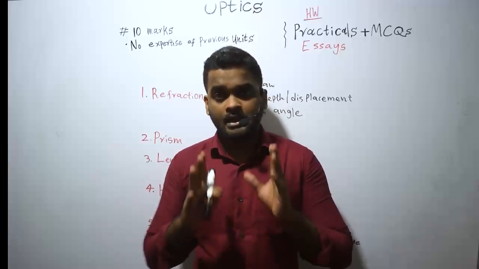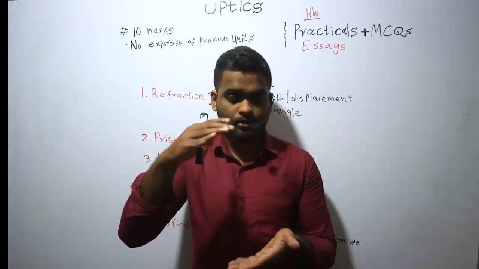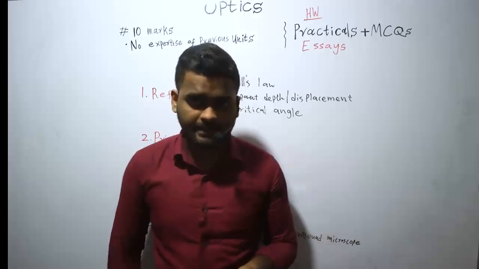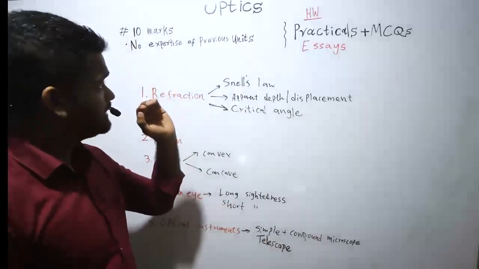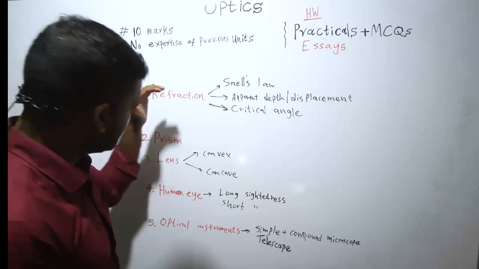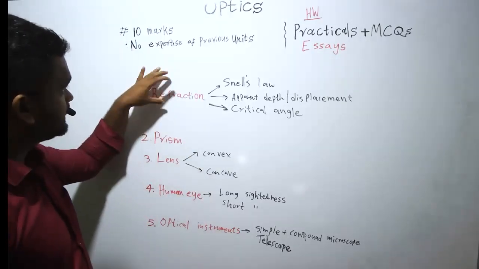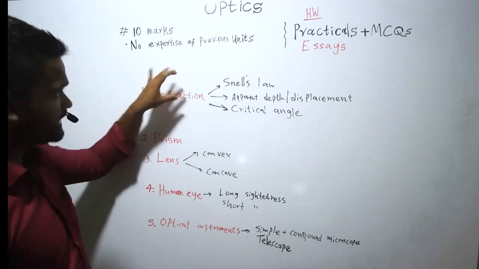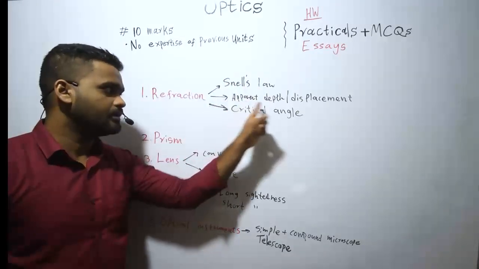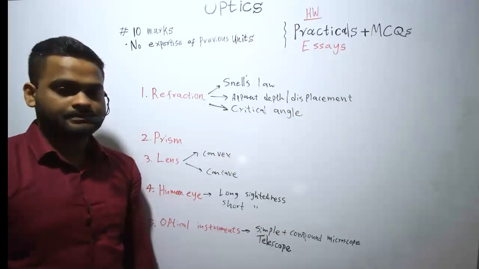This is a large unit, right? This has so many facts that you have to understand clearly. So this is the list of subcategories that we are going to talk about. First one is refraction. Under refraction, we'll be talking about Snell's law, apparent depth and displacement, critical angle.